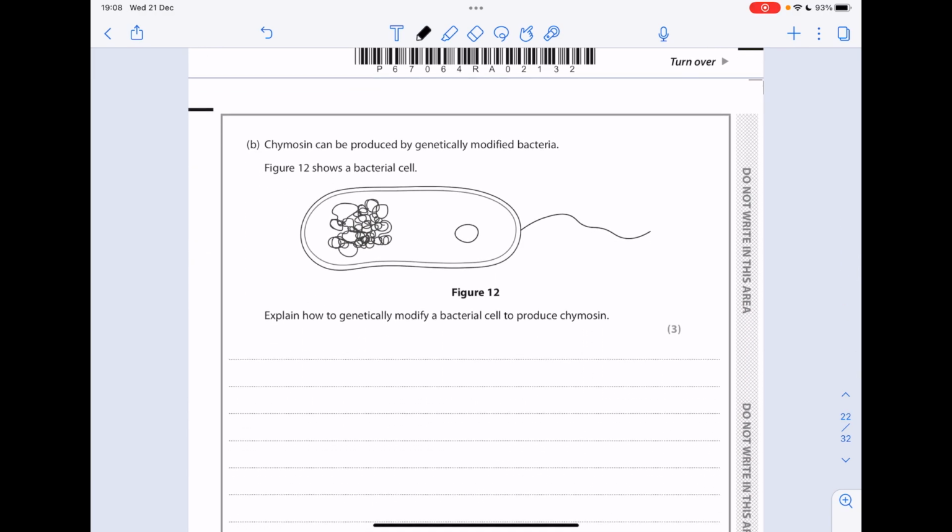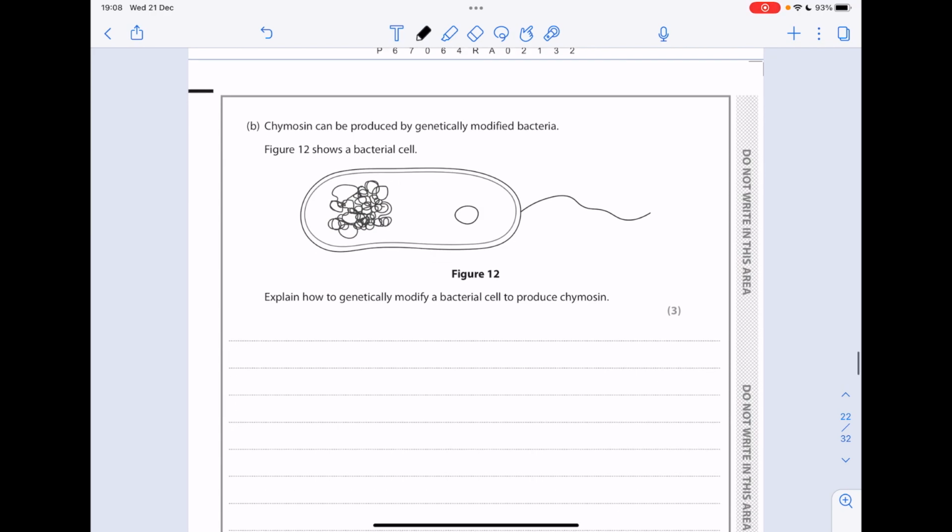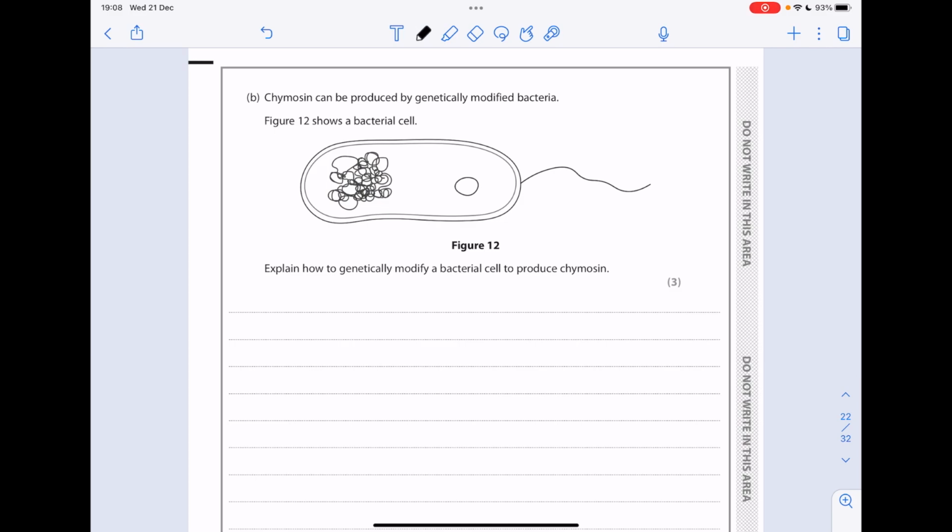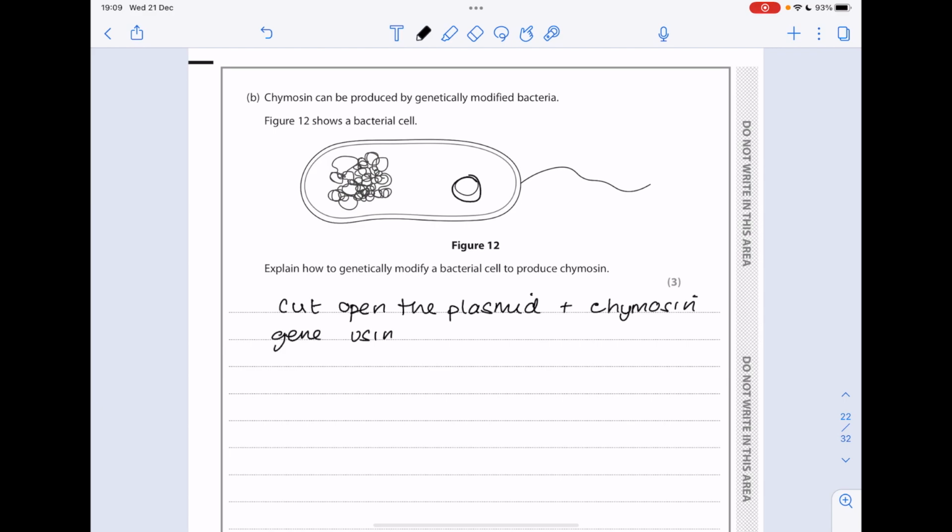Chymosin can be produced by genetically modifying bacteria. Figure 12 shows a bacterial cell. Explain how to genetically modify a bacterial cell to produce chymosin. So you want to cut open the plasmid, which is this thing here, and the chymosin gene using the same restriction enzyme.